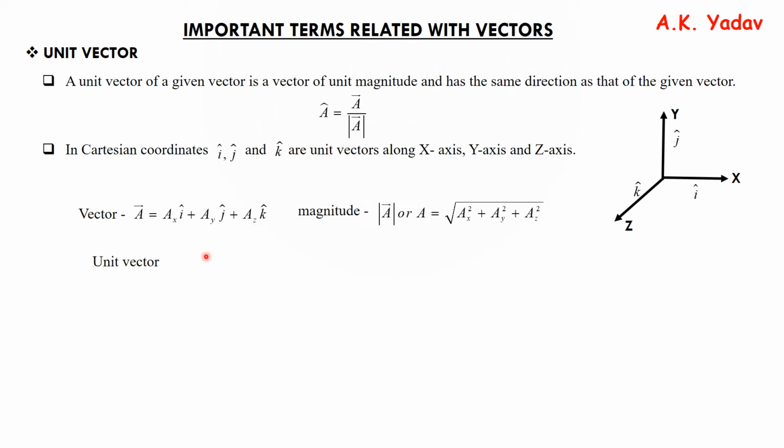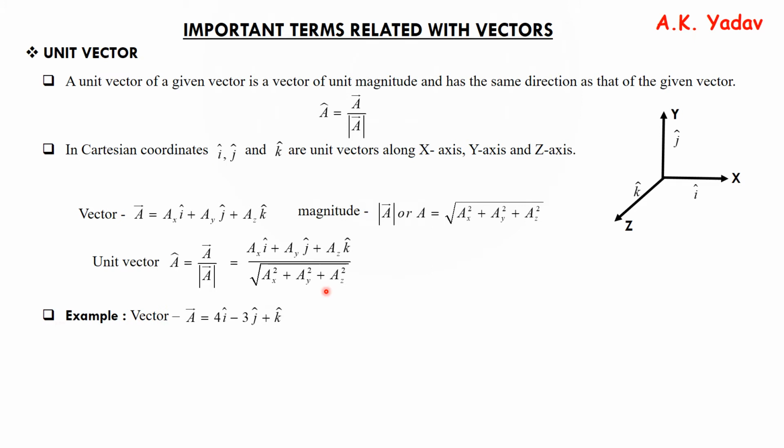Now the unit vector of vector A, as we know, is equal to A vector divided by its magnitude. So this can be written as Ax i plus Ay j plus Az k upon under root of Ax square plus Ay square plus Az square.